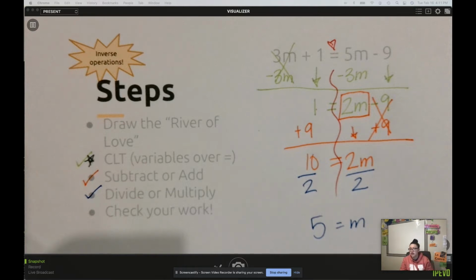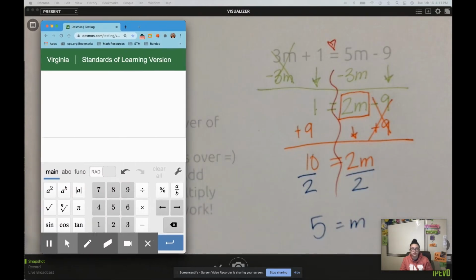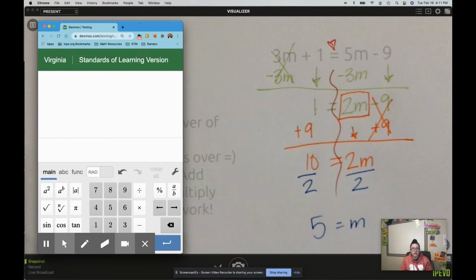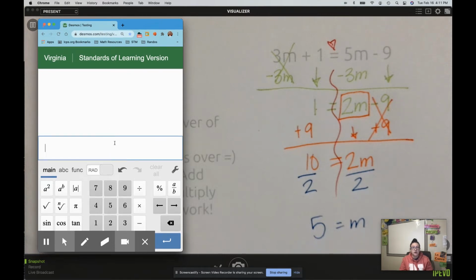So we're going to get our calculator. Let me make mine smaller so it's all going to fit on here. So here's my calculator. The way we're going to type this out, we are going to tell our calculator first what our answer is.